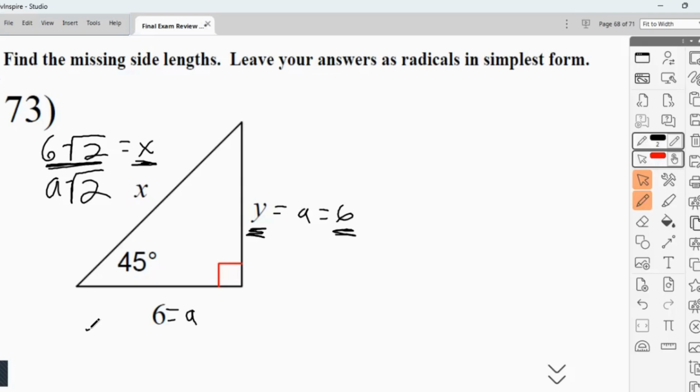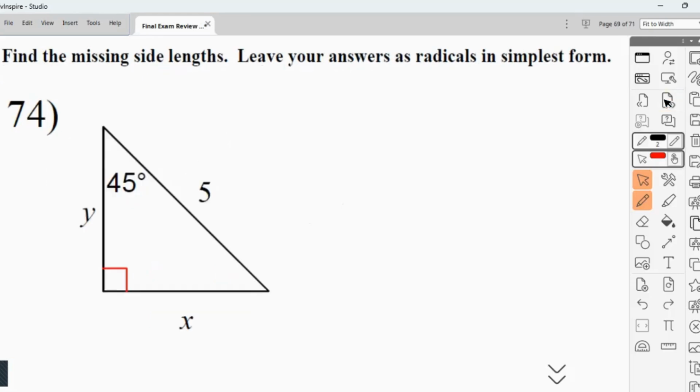So let's go on to the next one, if we can. That'll be 74. Another 45, 45, 90, but this one's going to be a little bit different. Let's call this A. Let's call this A square root of 2. And let's call this A as well. Let me just say that A is equal to y here.